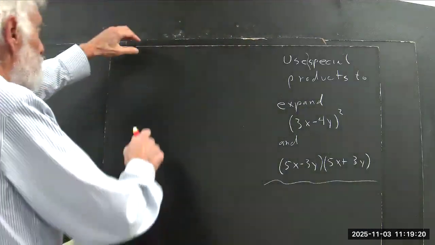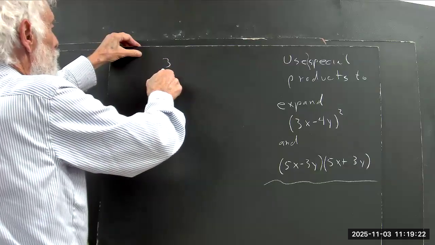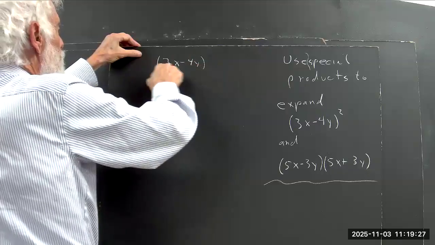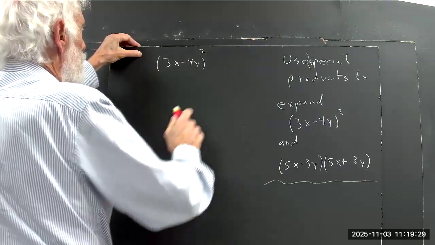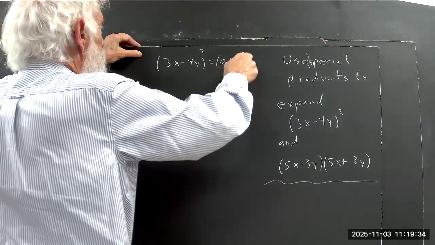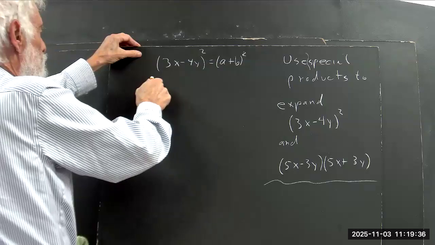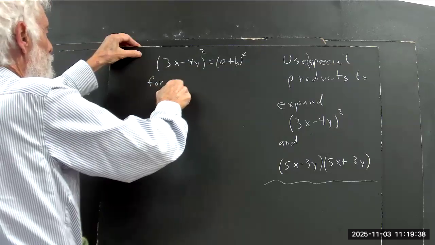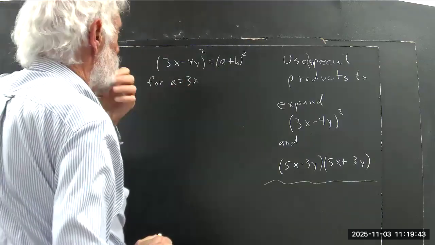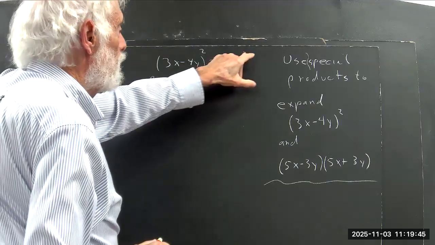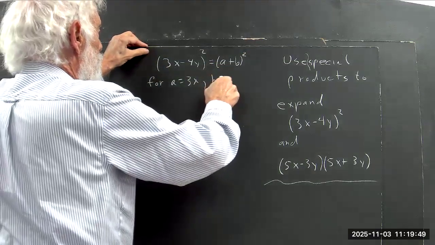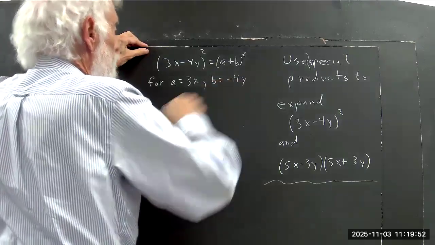So, for example, (3x - 4y) quantity squared is of the form (a + b) squared, where a would be 3x and b equals negative 4y.